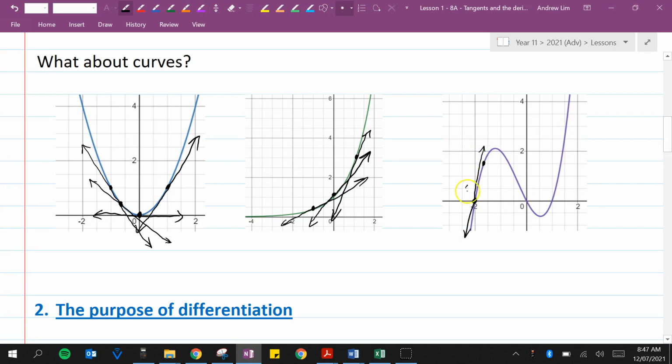Over here, still positive, still steep, but not as steep as before. Over here, oh, it's flat. Gradient is 0. Down here, that's pretty bad. Let's do it again.